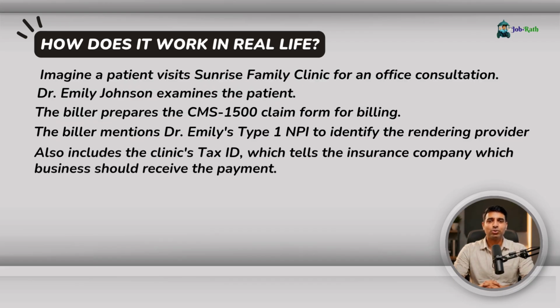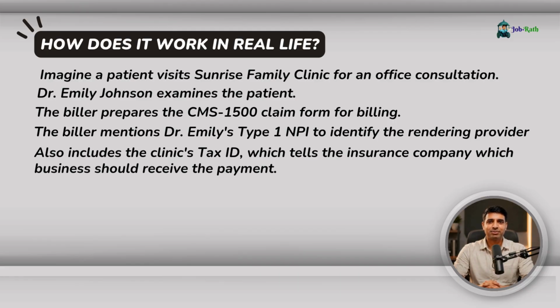The biller also includes the clinic's tax ID, which tells the insurance company which business should receive the payment. The claim is then submitted electronically. Now the insurance company can clearly identify who performed the medical service and which organization should be reimbursed.